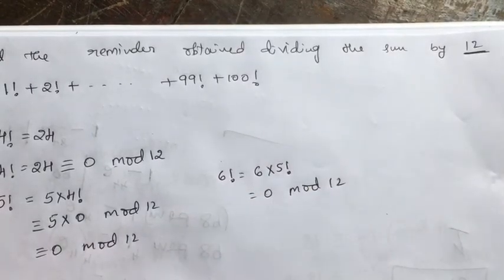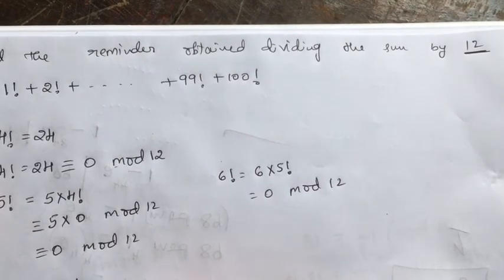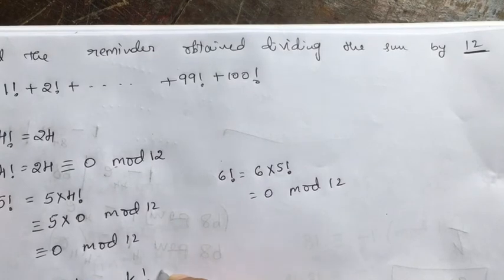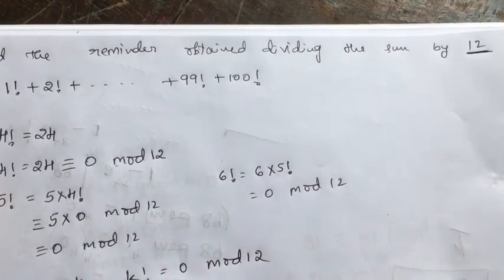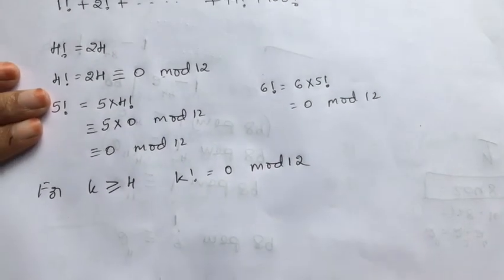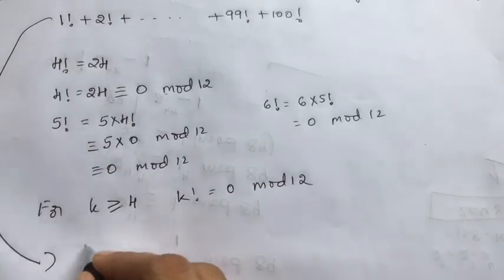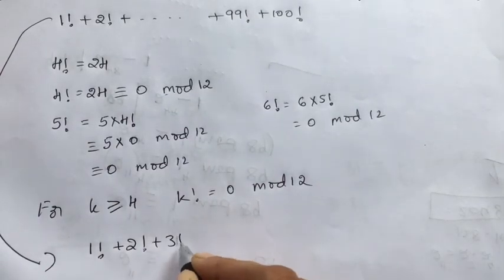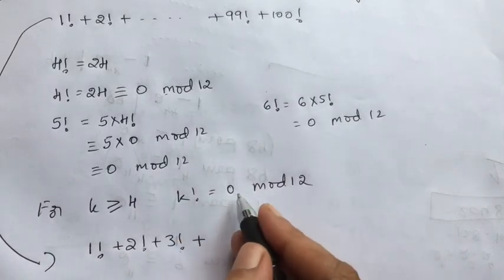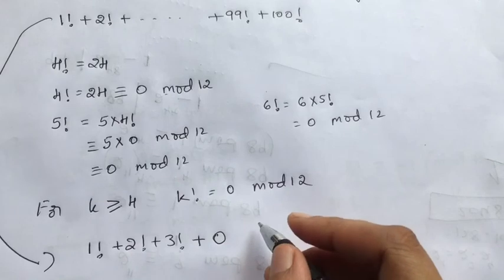So, for k equal to and greater than 4, k factorial is 0 mod 12, right? So this whole sum is now reduced to 1 factorial plus 2 factorial plus 3 factorial plus 4 factorial and onwards, which are 0, 0, 0, 0. So it is 0 mod 12.